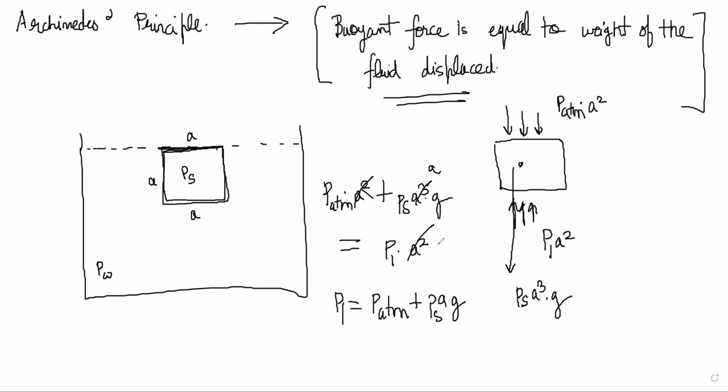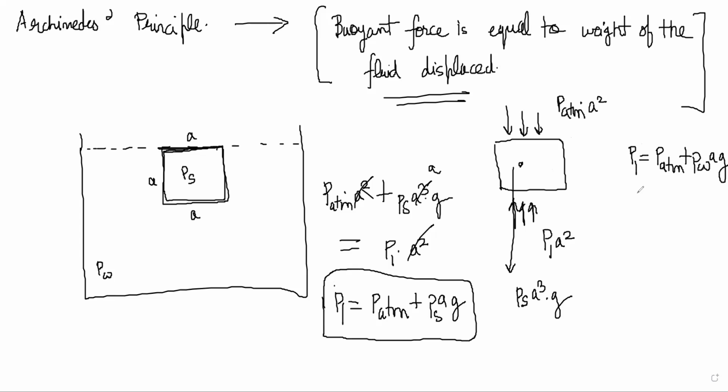Rho solid we are getting, which is slightly weird, but fine. P1 is coming like this, and P1 would also have been equal to PATM plus rho water AG, right?